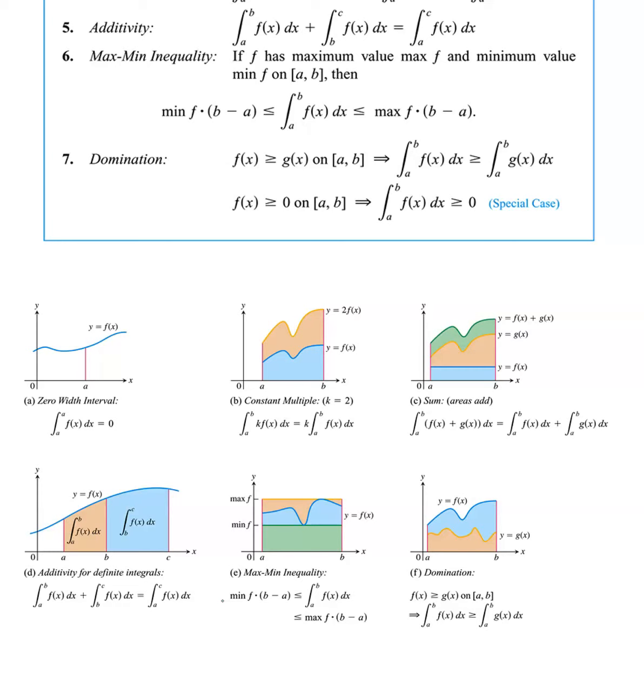As you can see, this is the minimum point of the function, and it's indicated here. And this is the maximum point of the function. So if you recall EVT, extreme value theorem, if f is continuous on a closed interval AB, so that's what we have here, then EVT guarantees an absolute minimum and an absolute maximum.